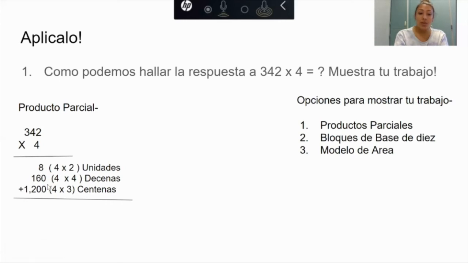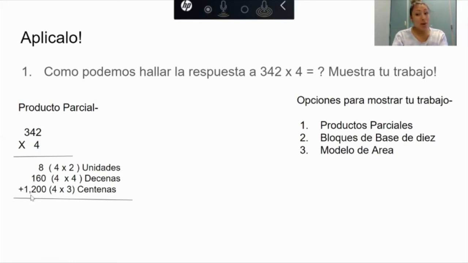Si quiero sumar todo esto, sumaría 8 más 0 más 0. Bajaría 8 aquí. Me movería aquí. No tengo nada encima. Solo bajo 6. 6 más 0 es 6. Puedo escribir 6 debajo de esta línea. 1 más 2, 3 debajo de esta línea.